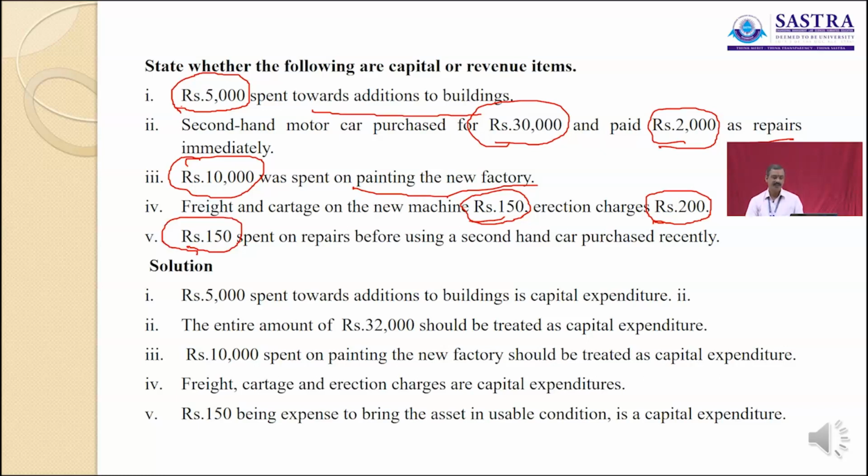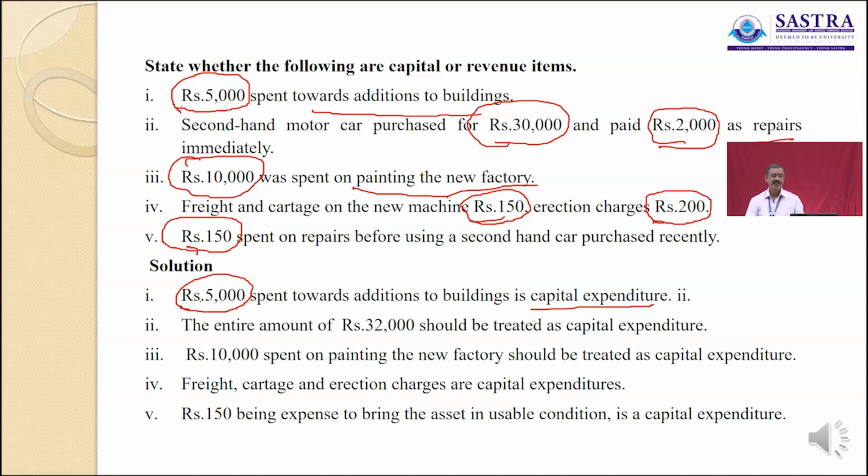Let us come to the answers and also state the reason. Rupees 5,000 spent towards additions to buildings is capital expenditure, because a building expenditure or extension of building expenditure is always treated as capital in nature.